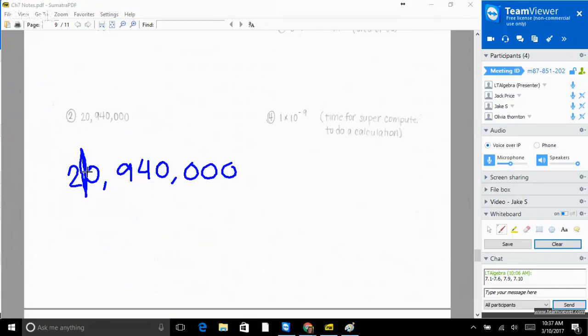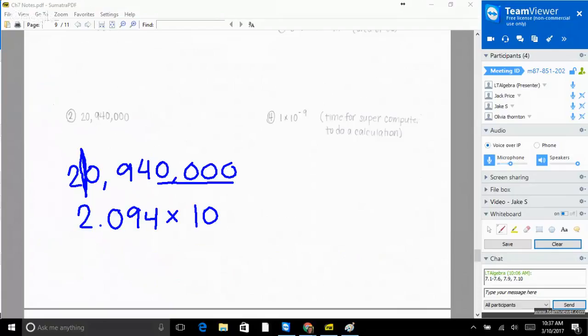So my number is going to be 2 point, and then all the other numbers behind it just come along, 0, 9, 4. And we're not worrying about any of these other zeros after that. So that's the first part. I know it's going to be times 10.